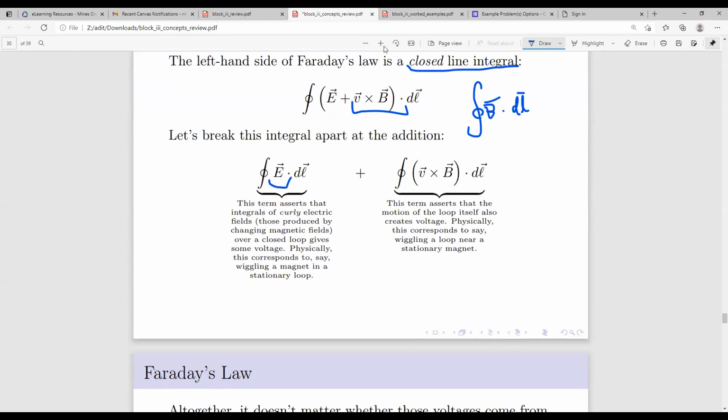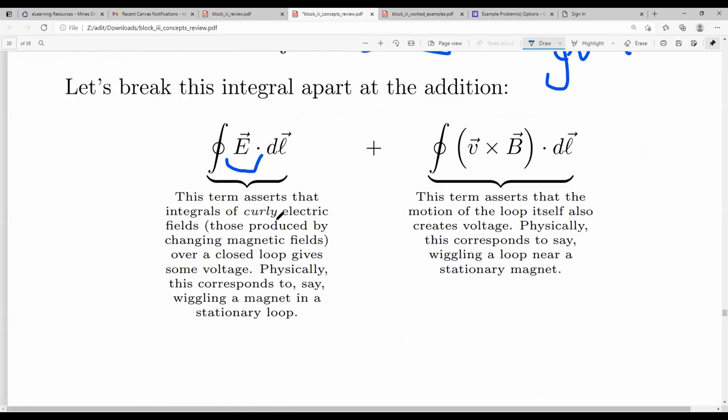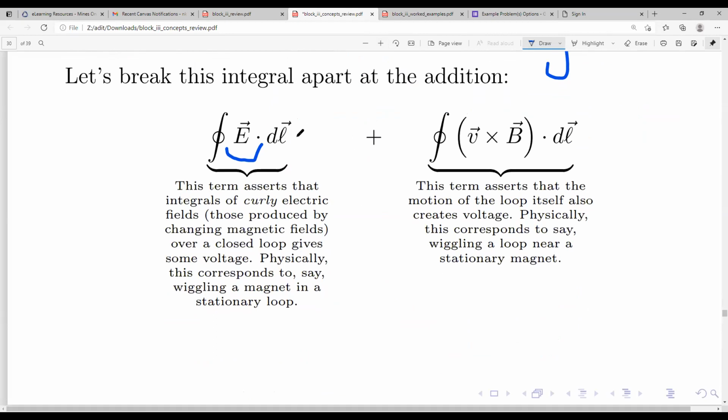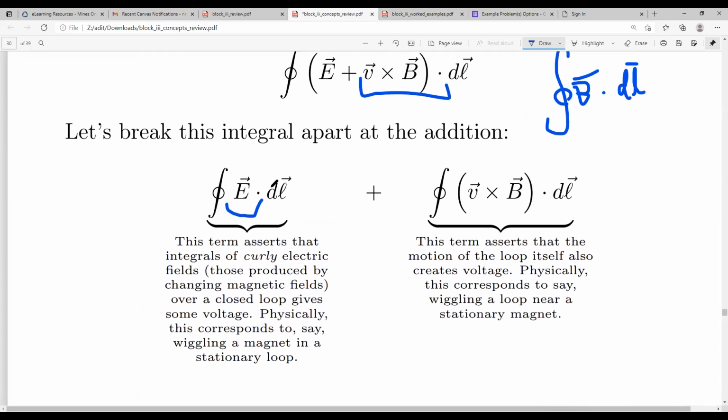And then each of these terms by themselves has its own meaning. For instance, the E dot dl term tells us that integrals of curly electric fields, which is a fancy way of saying electric fields that are produced by changing magnetic fields, give some voltage. If I think back to block 2, integrating an electric field over some length gave me a voltage. This just tells me that if that electric field happens to be a curly electric field, I'm going to get a voltage.